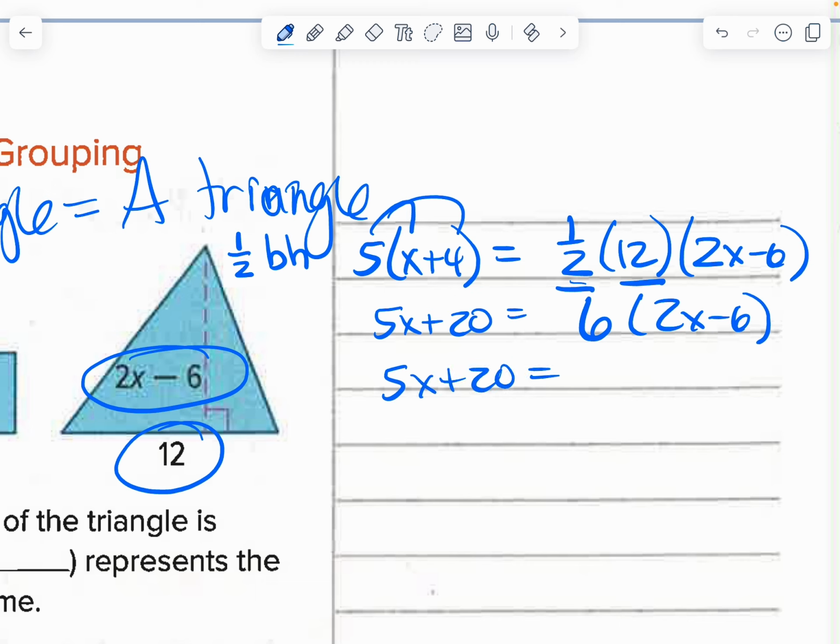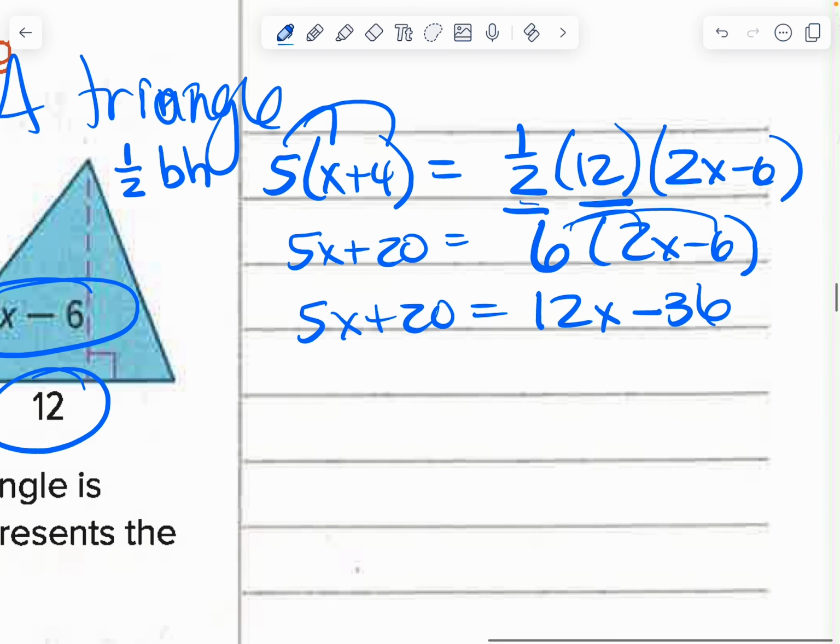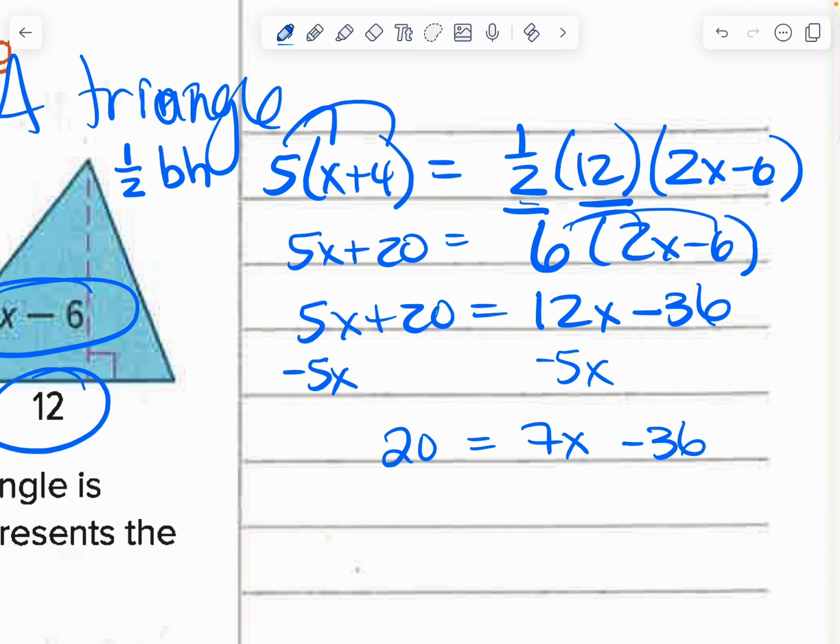Now I need to distribute. 6 times 2x will get me 12x. 6 times negative 6 will get negative 36. Now, this time the 5 is the lower coefficient, so I'm going to move this to the right-hand side. 20 equals 7x minus 36.